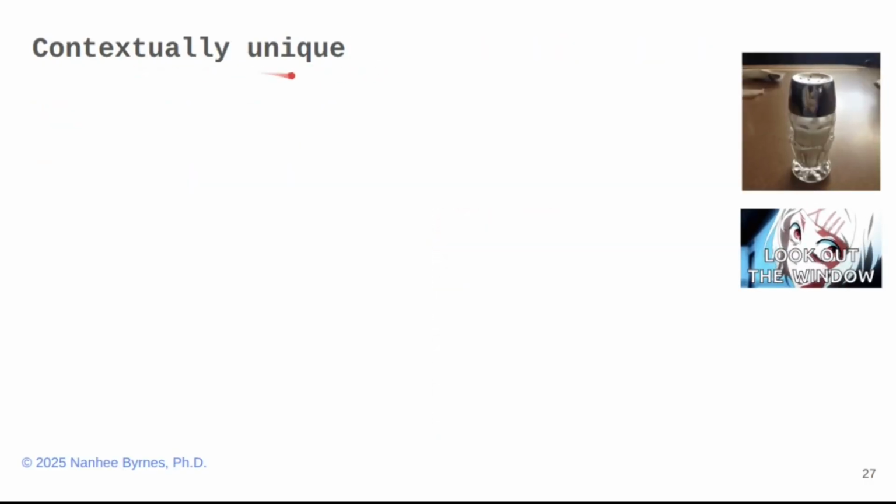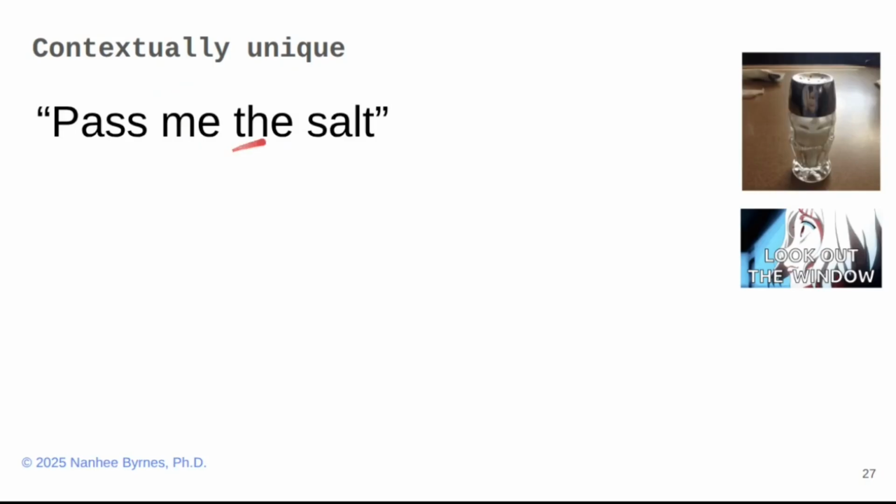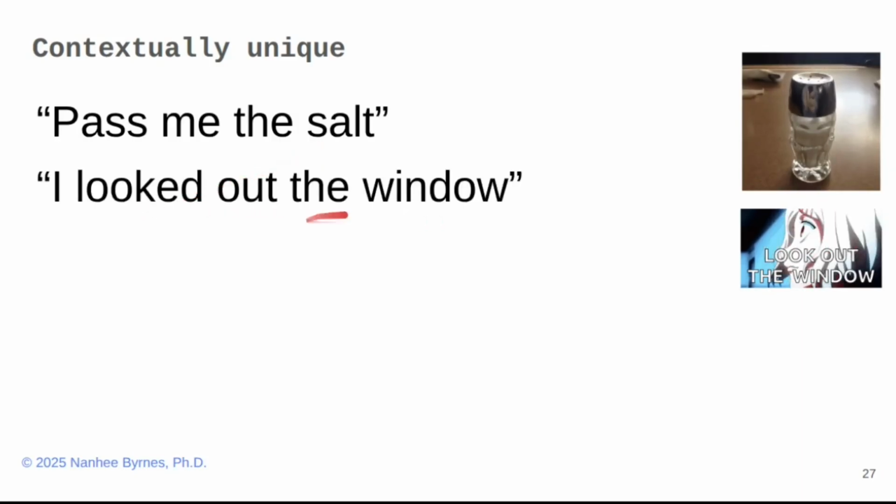In daily conversation, the appears constantly because of this contextual uniqueness. When you say, pass me the salt, you're not talking about salt in general. You're referring to the specific salt on the table that both you and the listener can see. Similarly, I looked out the window doesn't mean just any window. It clearly means the one in the room you're in.